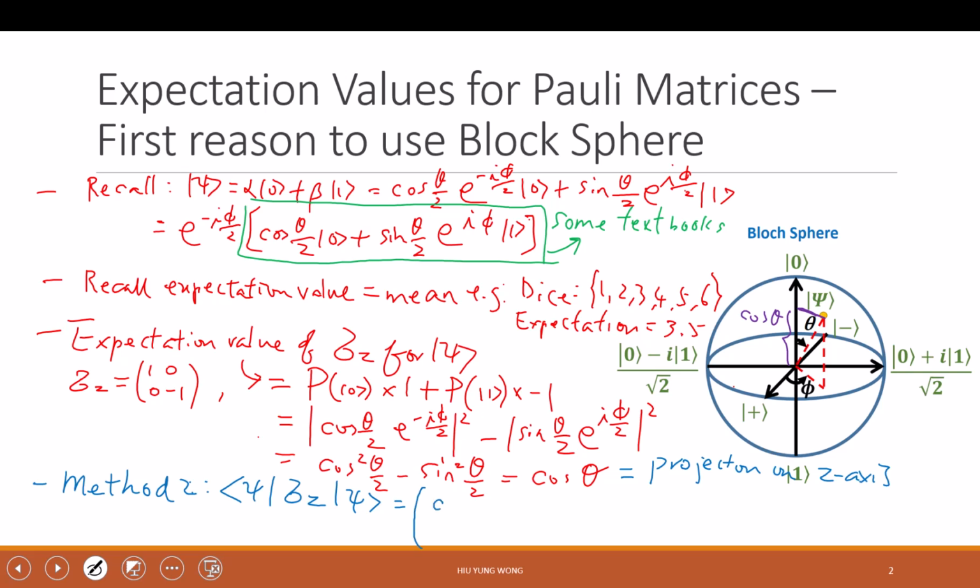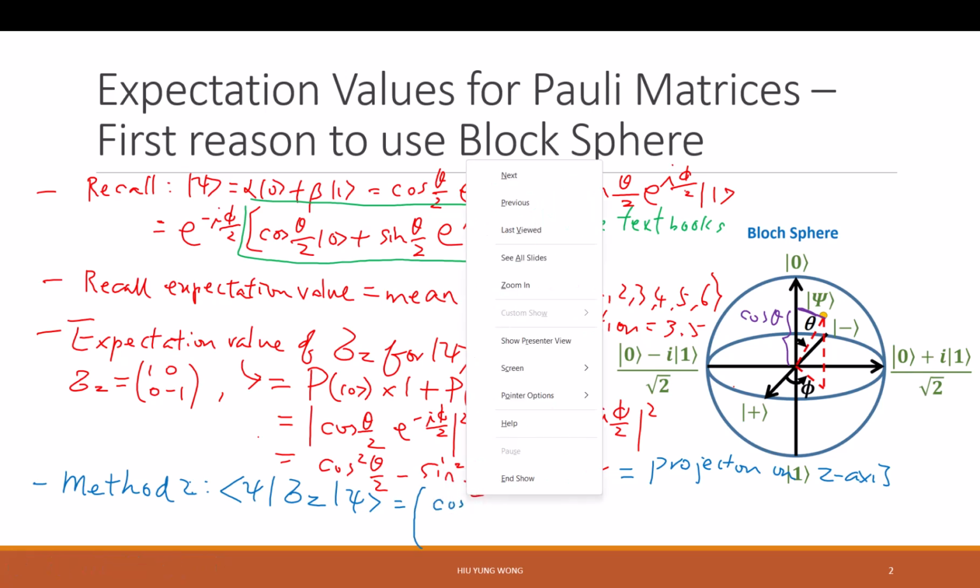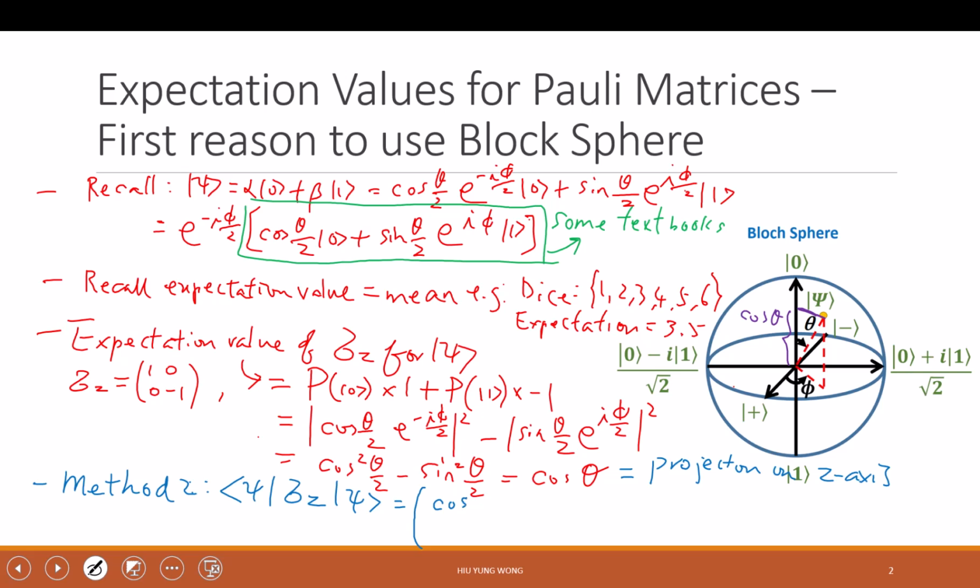It is cosine theta divided by 2, e to the power of what? Positive i phi divided by 2, because it's the complex conjugate, right? I'm talking about the bra.